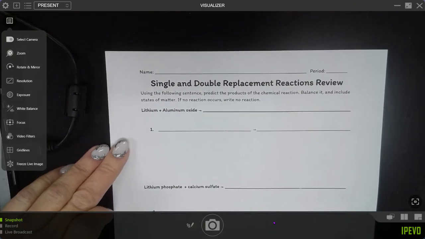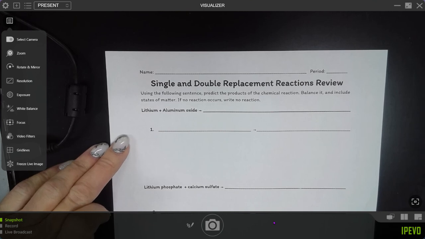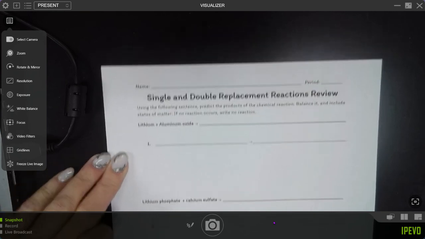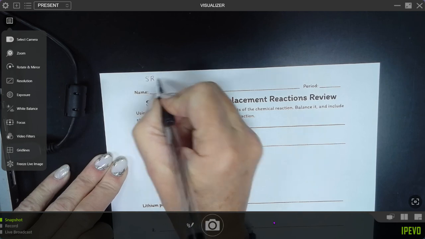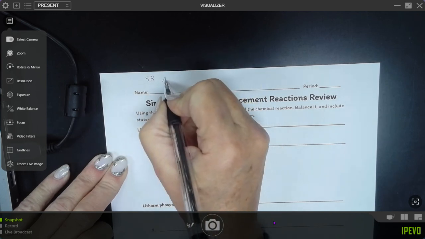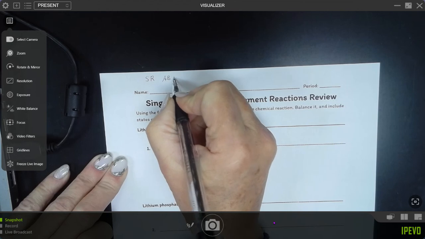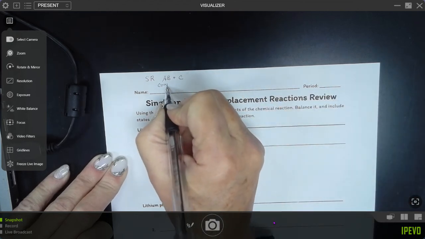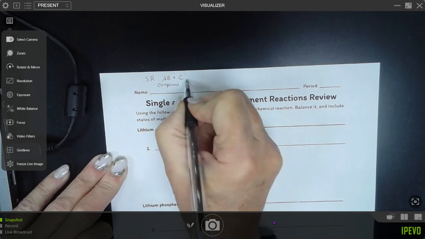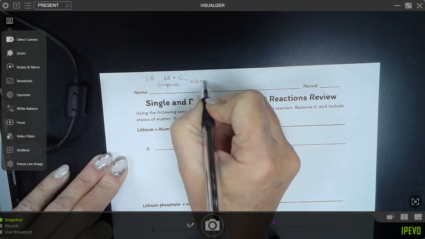The first thing that is important to do is to identify what type of reaction you are looking at. What you need to remember about single replacement reactions is the generic formula is AB plus C. In other words, we have a compound reacting with an element.